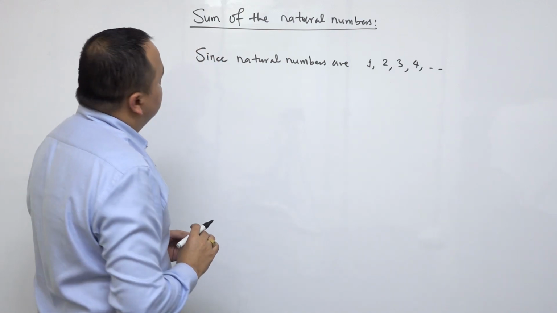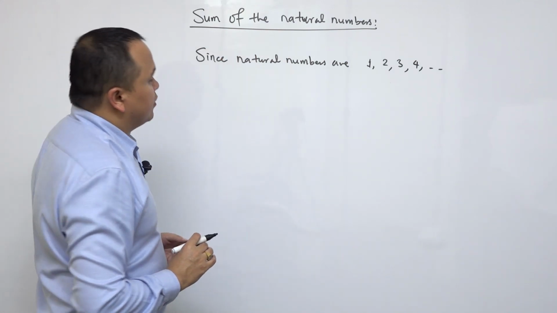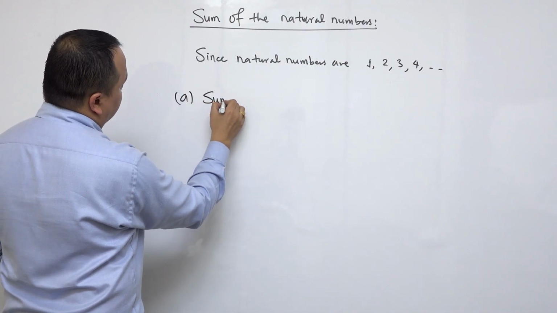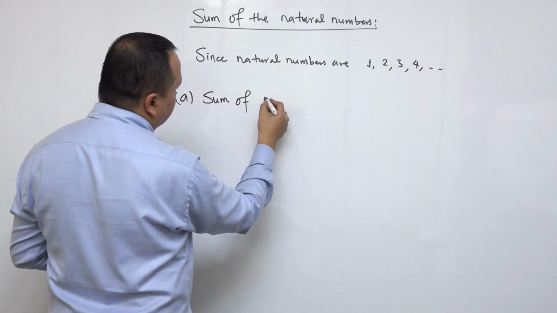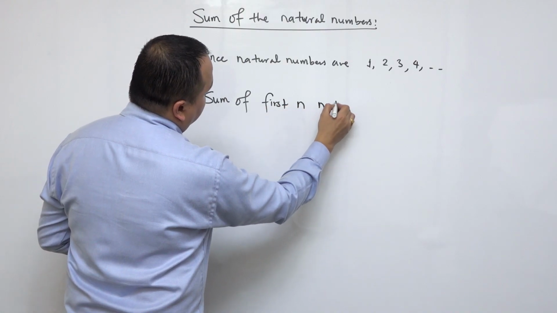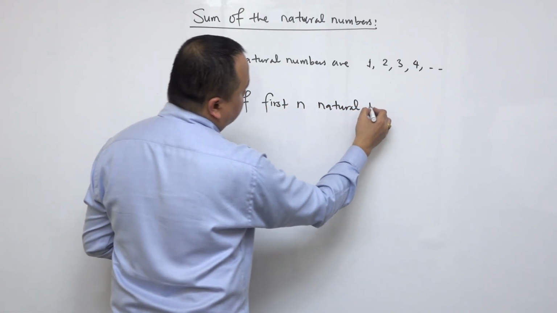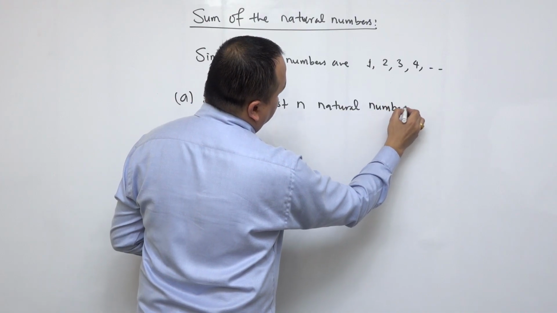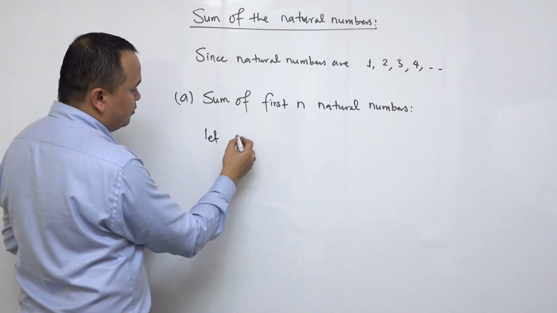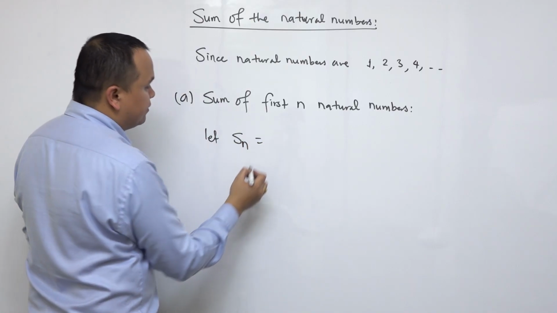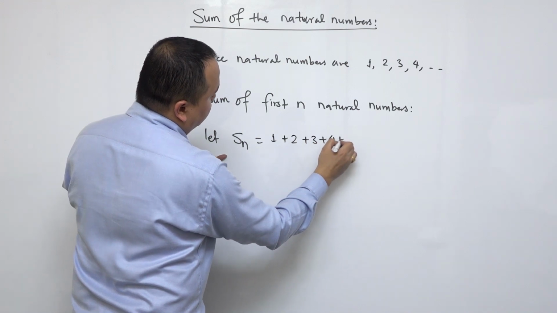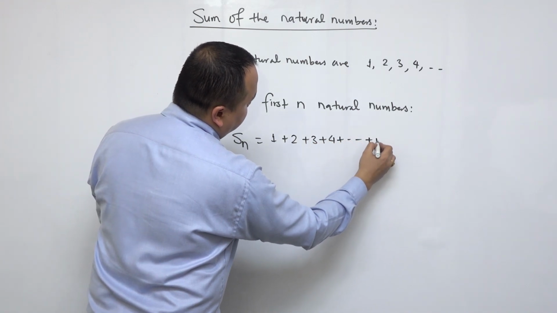Now we have to find the sum of the first n natural numbers. So let Sn be the sum. Then Sn is equal to 1 plus 2 plus 3 plus 4 plus, and so on, plus n.